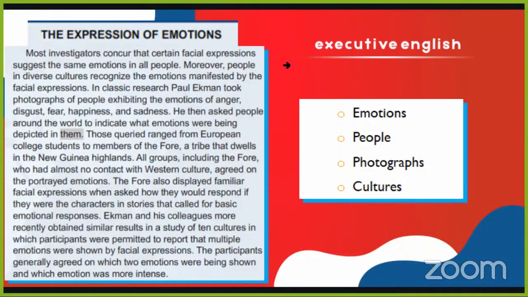Ekman and his colleagues more recently obtained similar results in a study of 10 cultures in which participants were permitted to report that multiple emotions were shown by facial expressions. The participants generally agreed on which two emotions were being shown and which emotion was more intense.